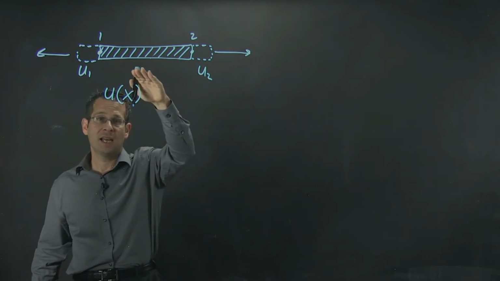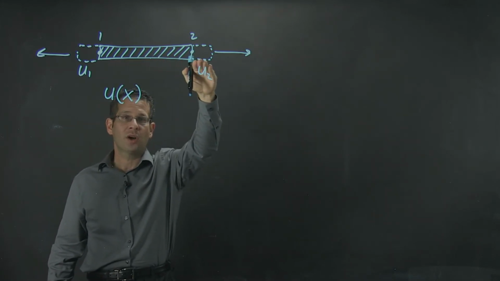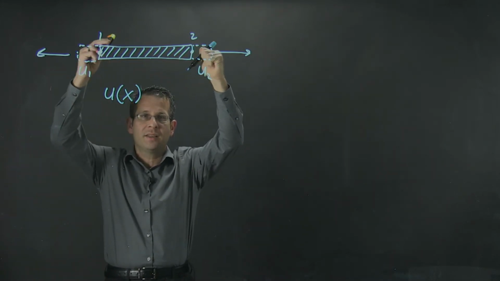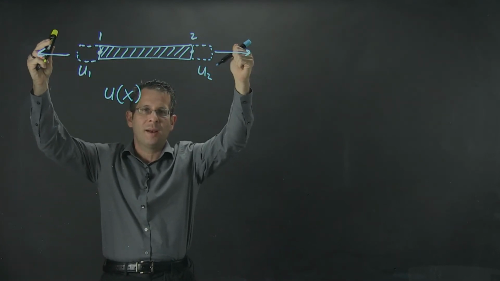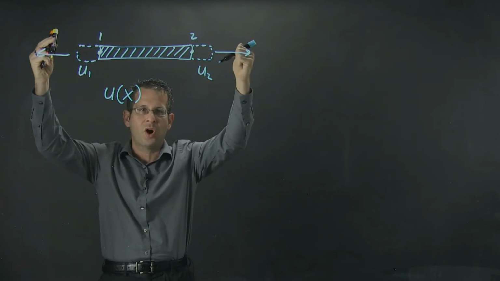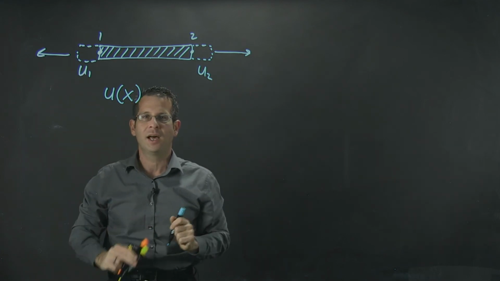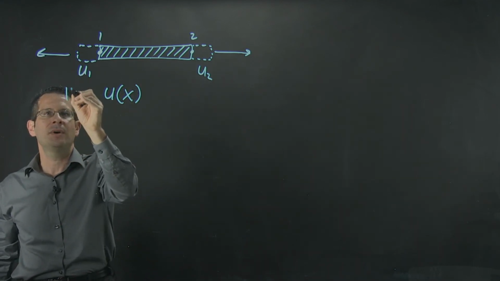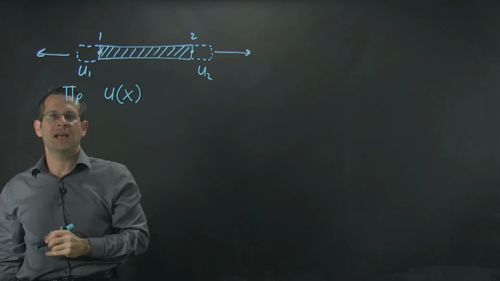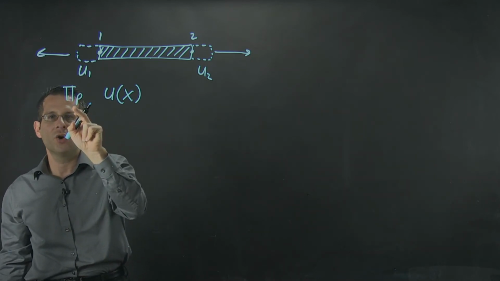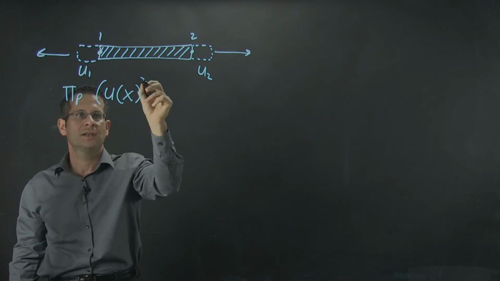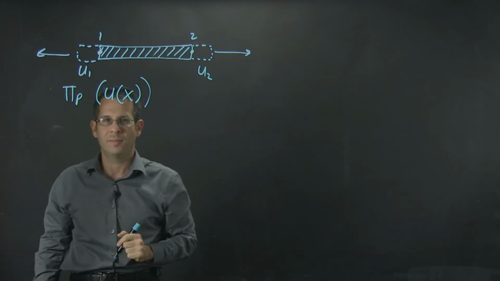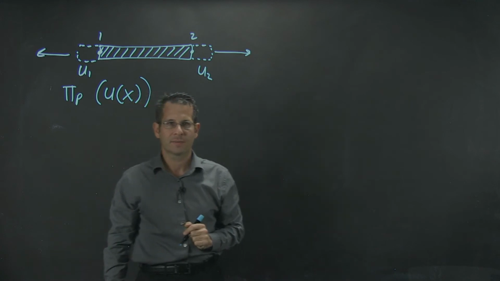There's potential energy stored in this bar because this bar has been stretched. So there's strain energy and potential energy stored in this bar now that these forces have been applied. So the total potential energy stored in this bar is actually a function of the function of my displacements.